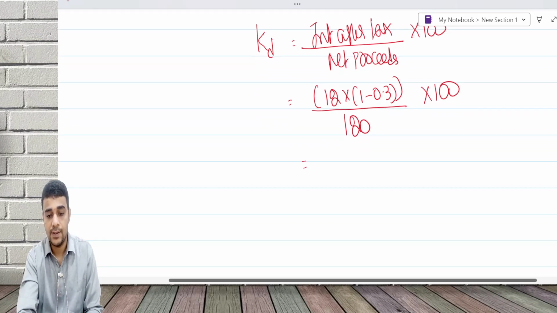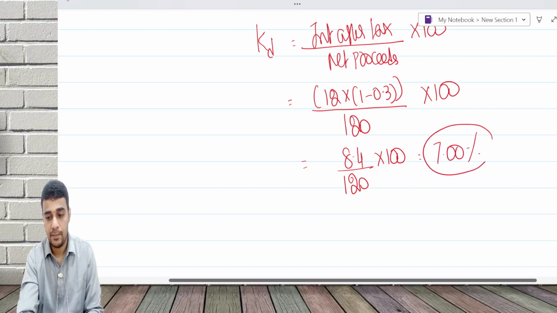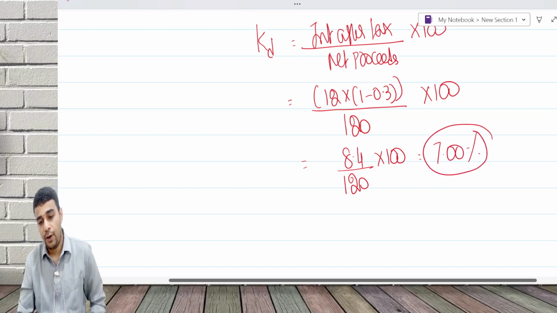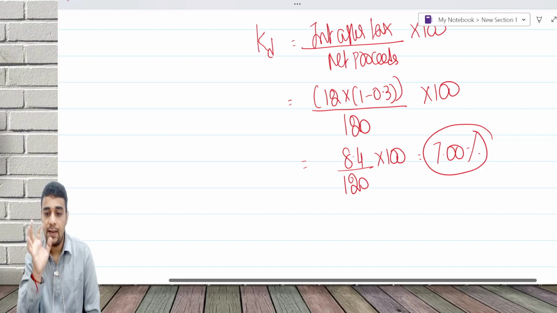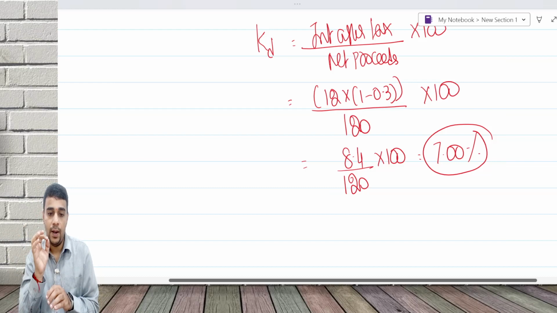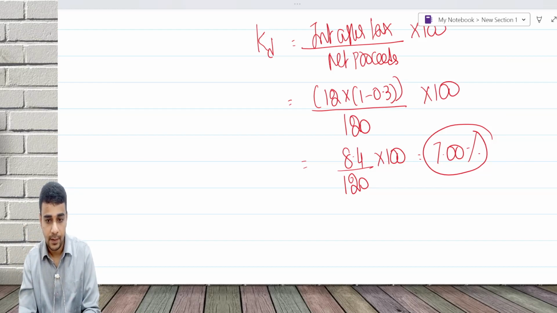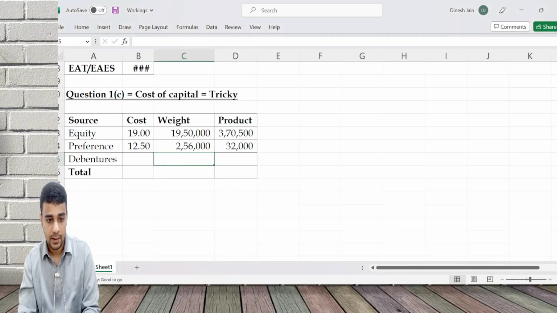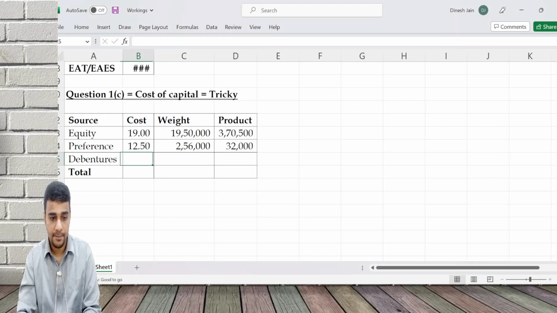So it is 8.4 divided by 120, which is 7%. So the cost is 7.